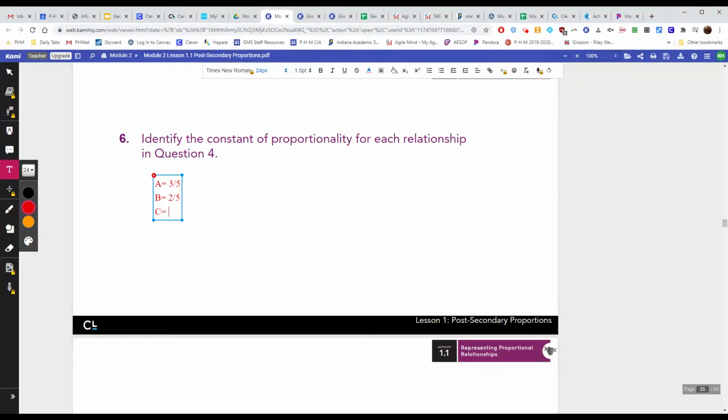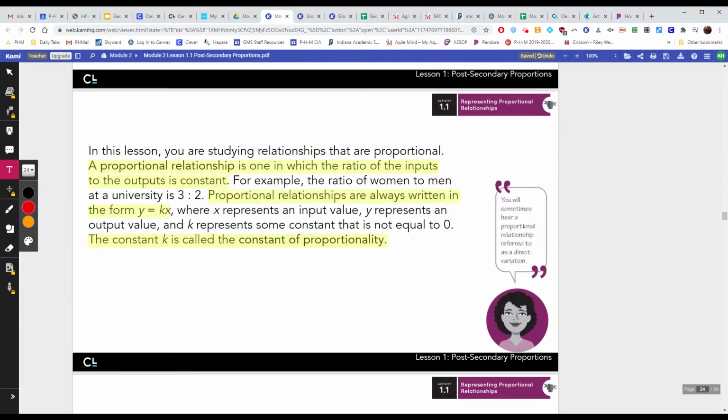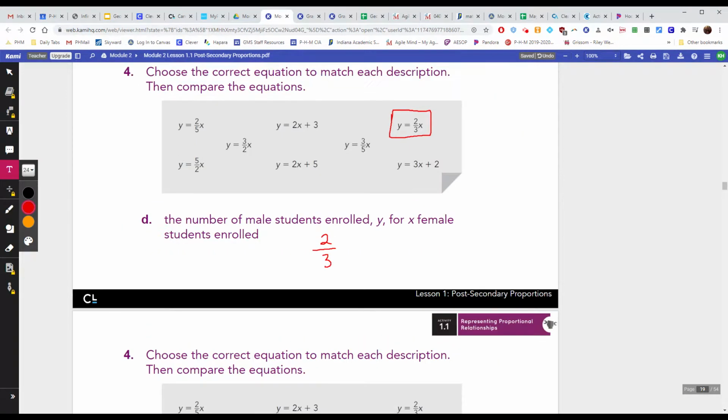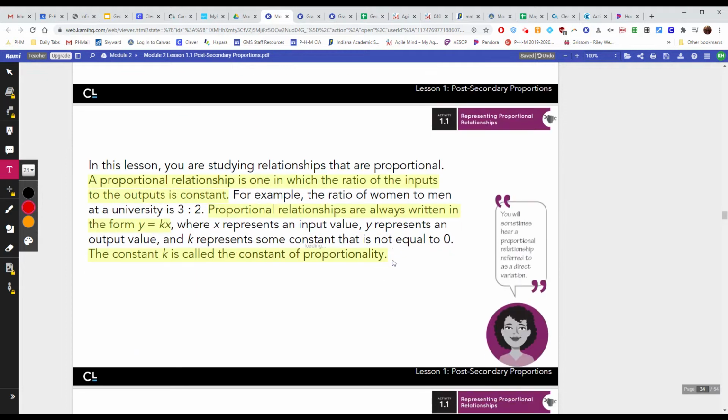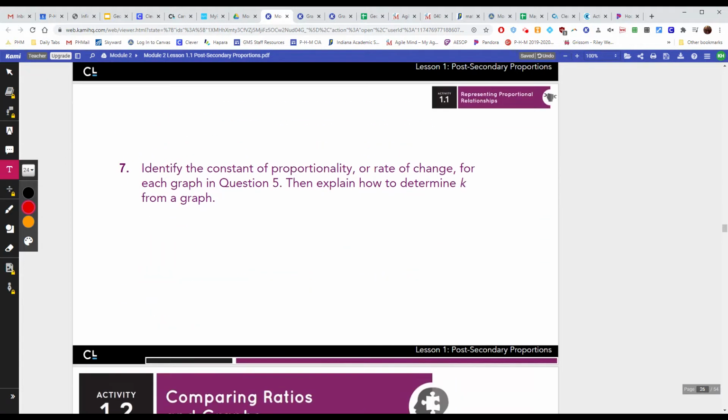For part C, the constant of proportionality in that equation was 3/2. And then for part D, it was just flipped around. It was the reciprocal of part C, should be 2/3. So again, these all tie to the equations that we chose in question 4 right here. It's just that coefficient, that number in front of x.